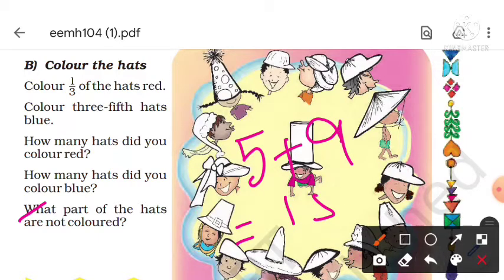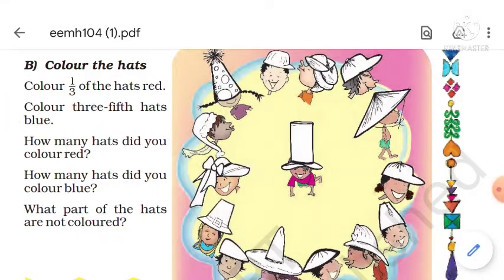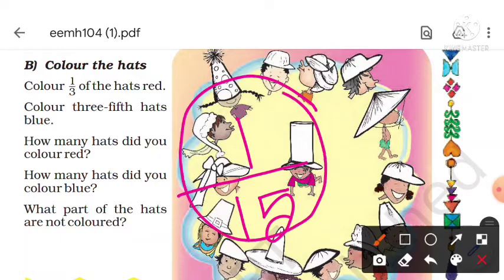Now the total number of hats is 15. So the number of hats not colored will be 15 minus 14, that is equal to 1. So total number of hats is 15 and number of hats not colored is 1. That means 1 by 15th part of the hats are not colored.